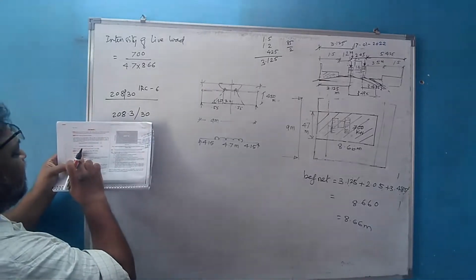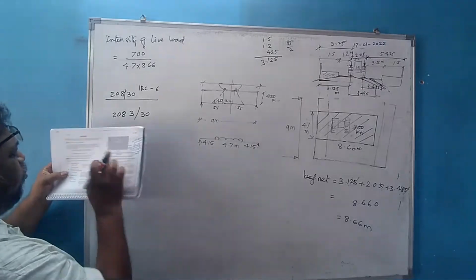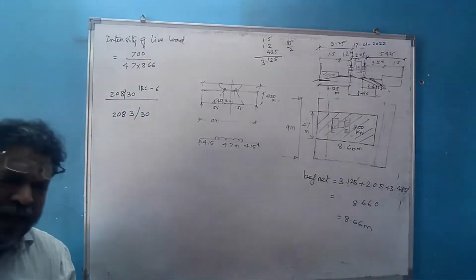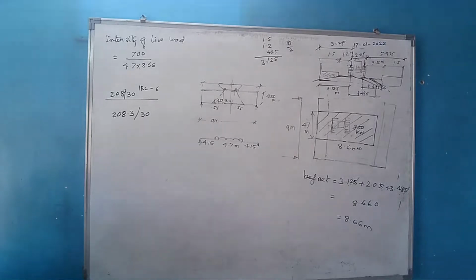That is for IRC class A loading and 7TR loading. There is one guideline for both 7TR and IRC class A.